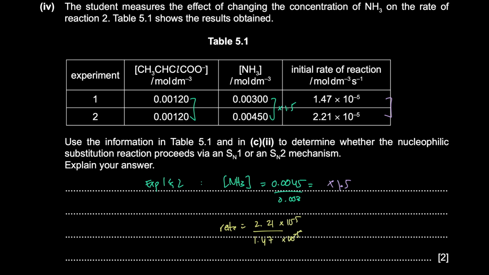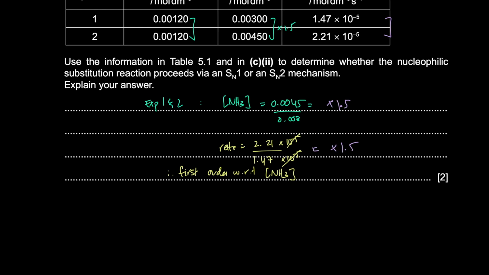So the rate is also being multiplied by a factor of roughly 1.5 if you take the ratio between the rates. So 1.5 times the concentration of ammonia means 1.5 times the rate. Therefore, we can say it is first order with respect to the concentration of ammonia as well. So the reaction is first order with respect to both.